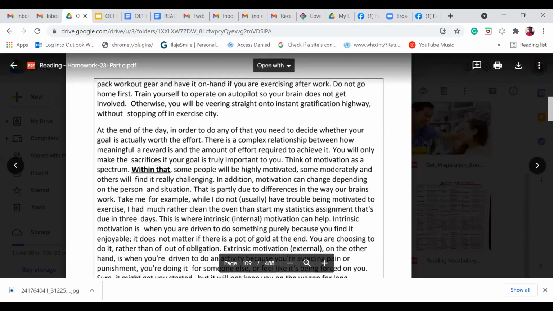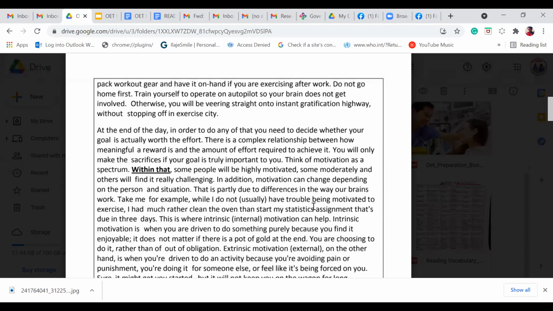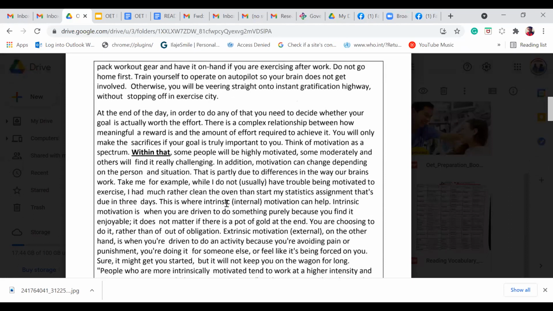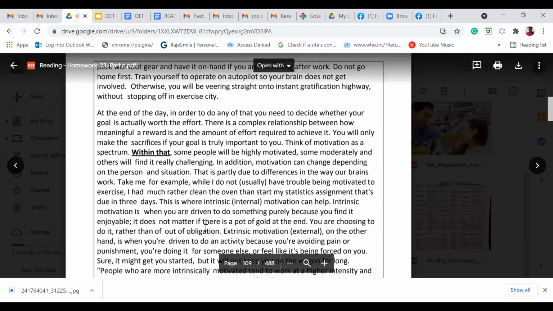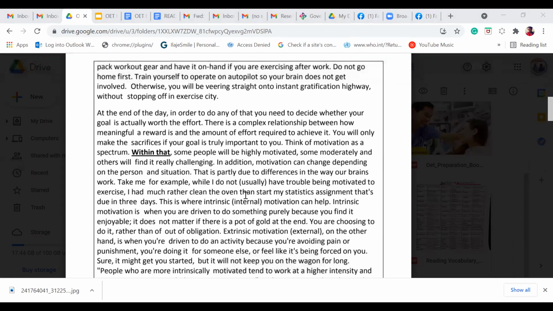You will only make sacrifice if your goal is truly important to you. It's actually talking about goals. There has to be a goal. All right. Drop in your answer once you find it. Remember, in a real exam, don't waste too much time. If you're struggling with finding an answer, go to the next question.